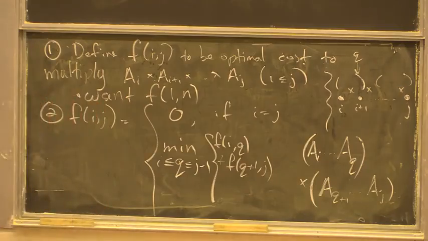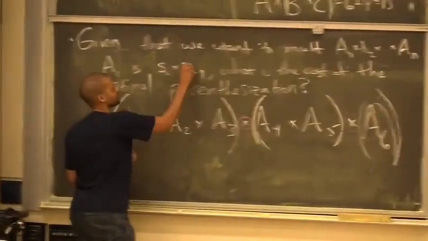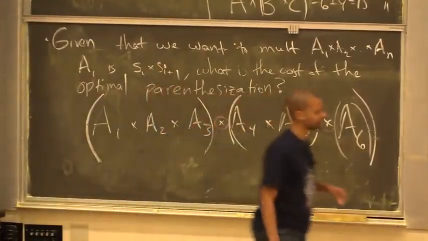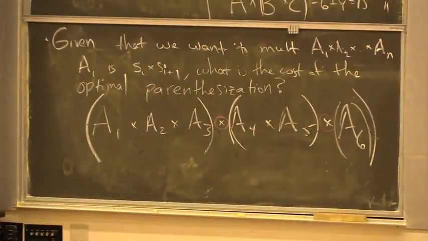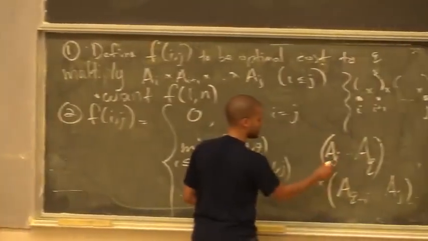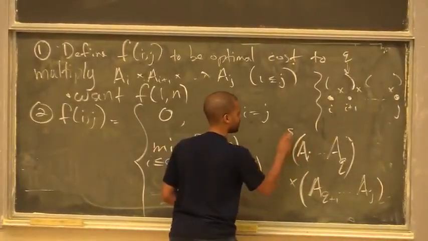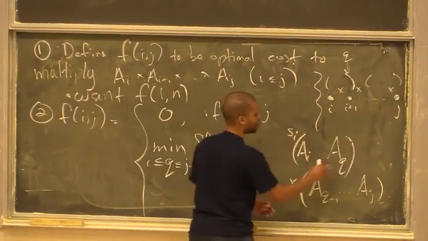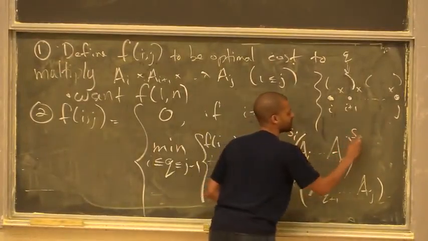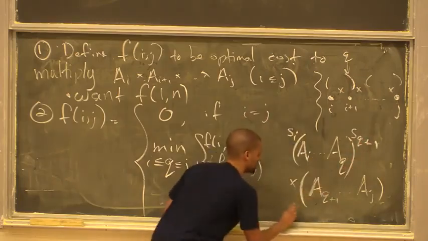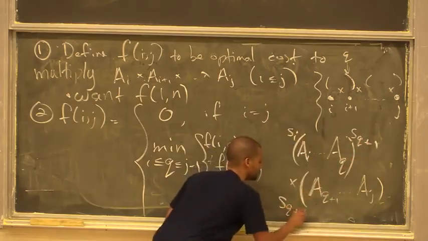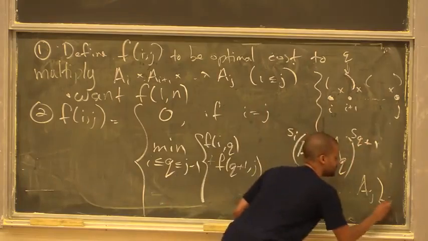We said here that A_i is s_i by s_i plus 1. So the row dimension of this matrix is s_i. The column dimension of this matrix is s_q plus 1, which matches this. And this is s_j plus 1.